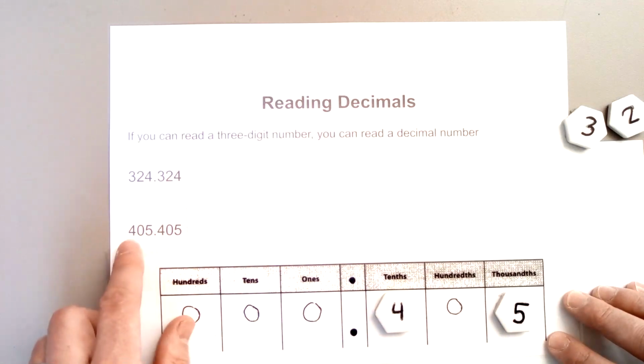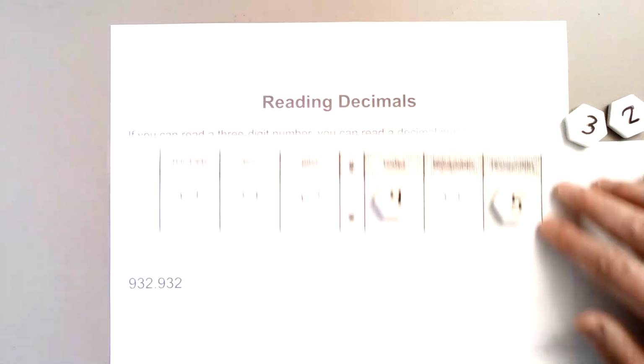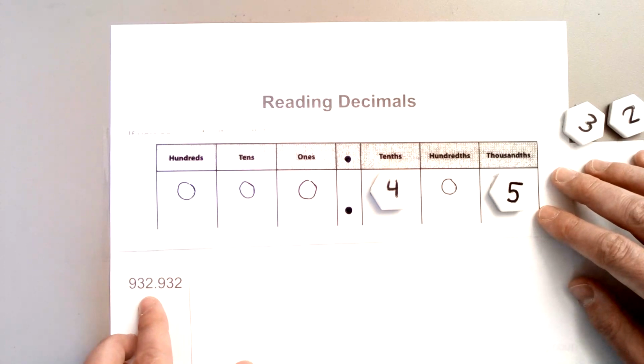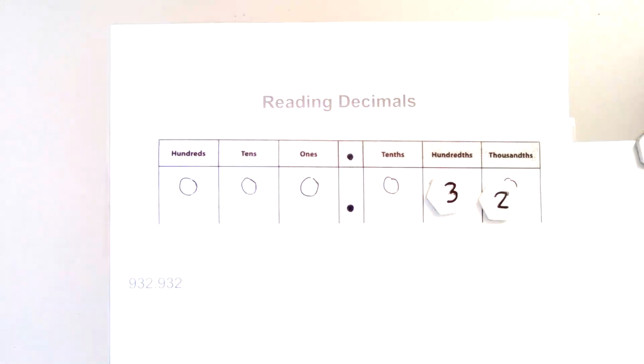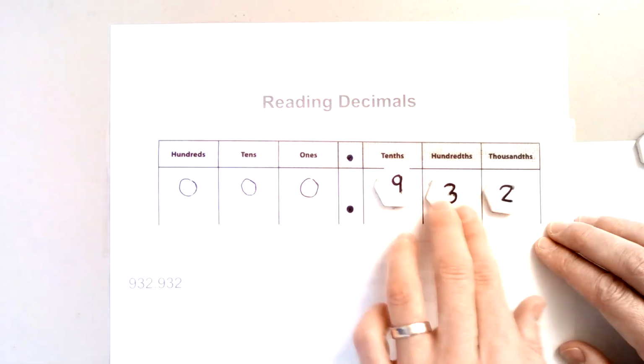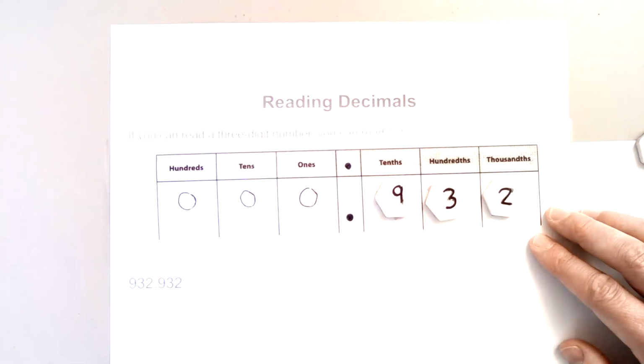So this is going to be 405. So 405 and 405 thousandths. And lastly, this one, 932. This number alone would be 932 thousandths. So we read this 932 and 932 thousandths.